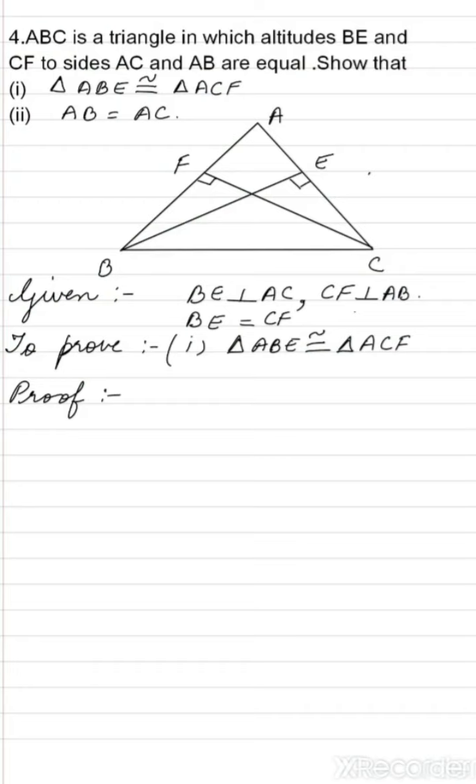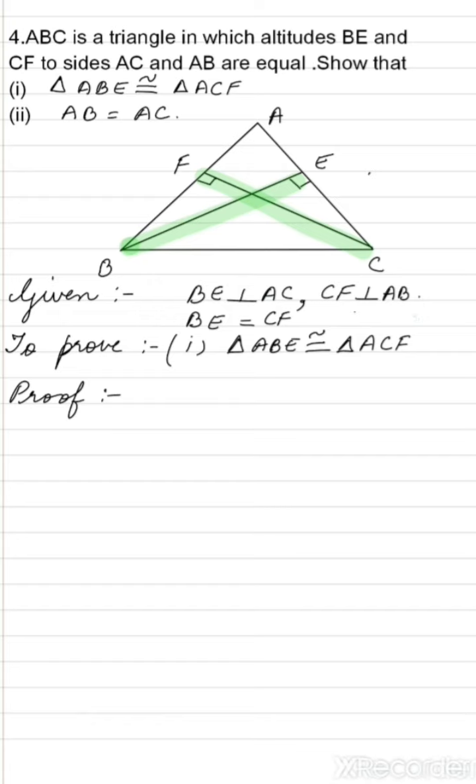Exercise 7.2, question number 4. ABC is a triangle in which altitudes BE and CF are drawn to sides AC and AB, and are equal. Show that triangle ABE is congruent to triangle ACF, and second, AB is equal to AC. So we are given that BE is perpendicular to AC and CF is perpendicular to AB, since they are the altitudes.